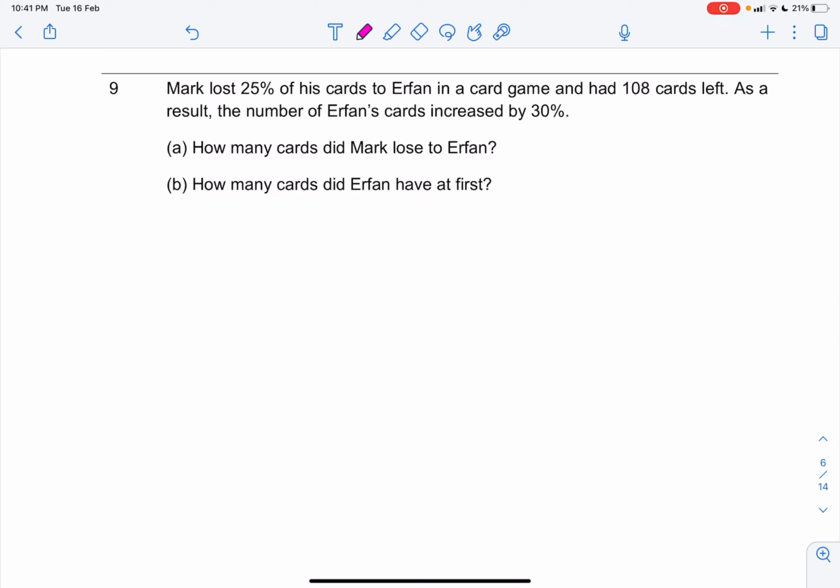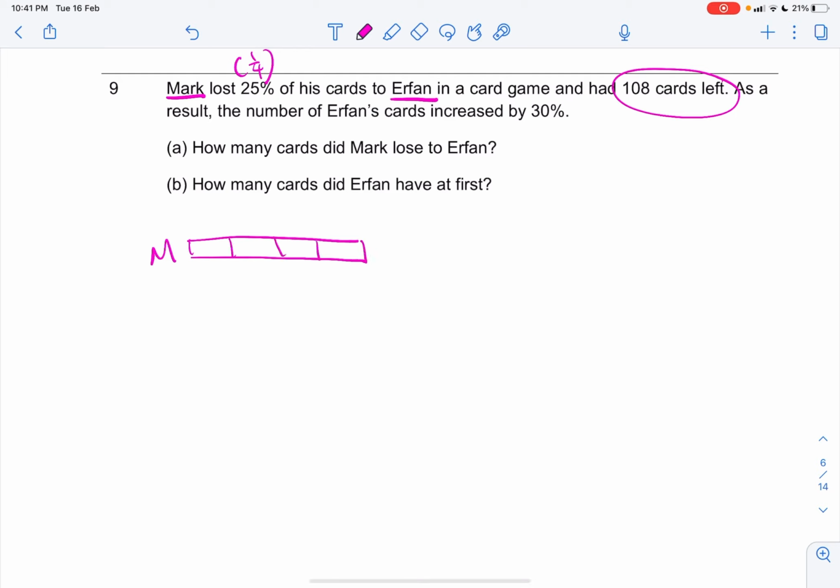Question 9 is an interesting question. Mark lost 25% of his cards to Irfan. So we have Mark and Irfan. 25%, we know it is also 1/4. So after Mark lost 1/4 of his cards, he had 108 cards left. So we have Mark. We can draw 4 units here: 1, 2, 3, and 4.